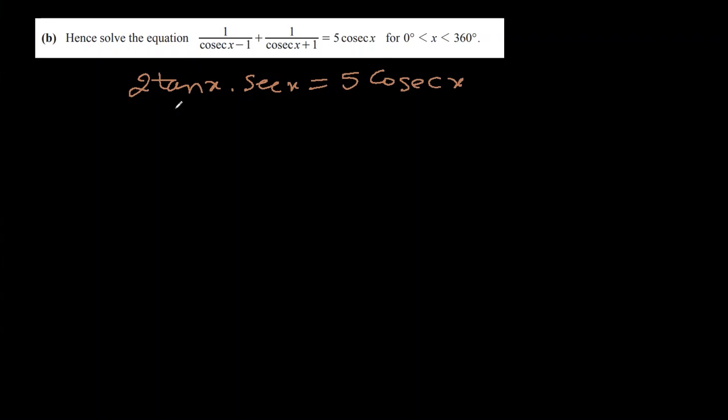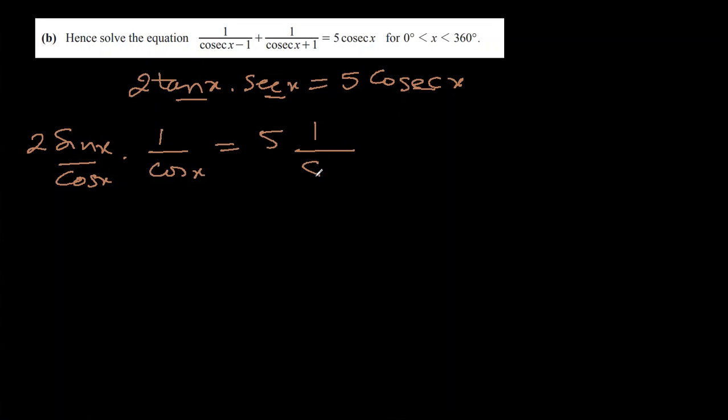Again, we have a combination of tan, secant, and cosecant. Let's join them with the help of sine and cos. Tan x will be sine x over cos x, secant x is 1 over cos x, equal to 5, and cosecant x will be 1 over sine x. The reciprocal of sine x is cosecant x.